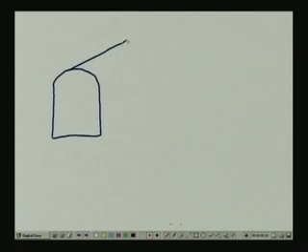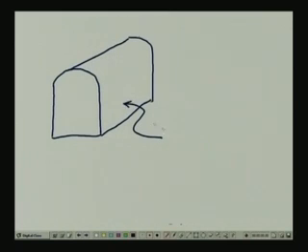So, the tunnel actually goes like this. We are drawing, in this case, an isometric of the tunnel, and let us say the joint orientation in this case is like this.